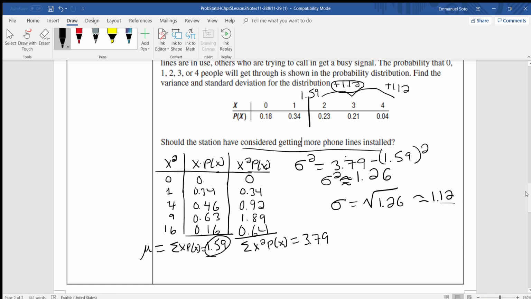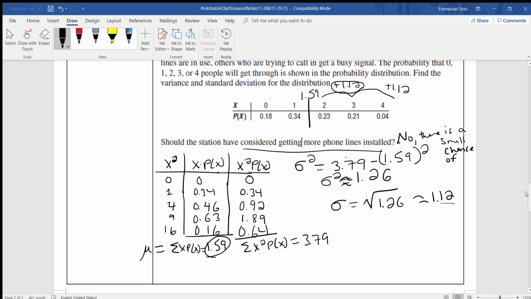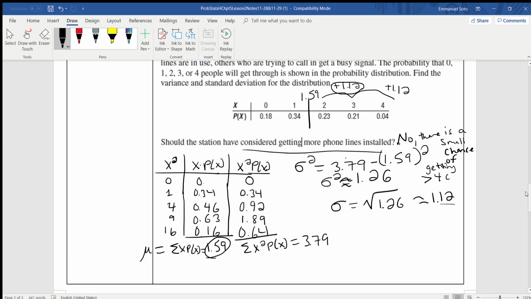Okay, so we are going to say no, we should not get more phone lines. There is a small chance of getting more than 4 calls.